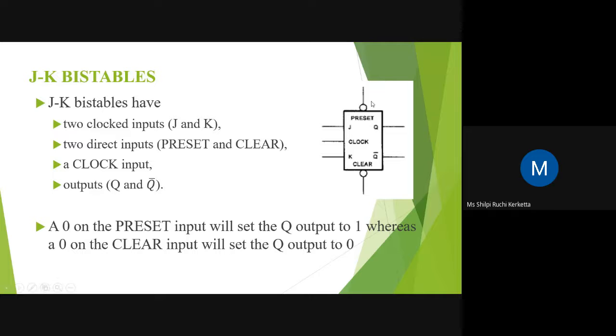So here, how it is working. First we will use this preset and clear. This will work as the first NOR gates, meaning the first two bistable NOR gates. Preset and clear, we are using to start the circuit. So these are the enable pins. This is the switch of this JK flip-flop. So we will use the first condition for this preset and clear.